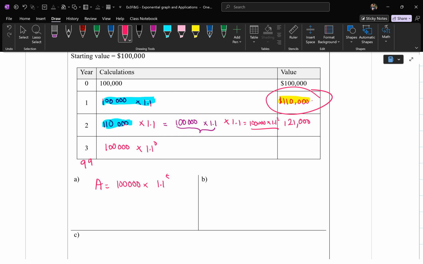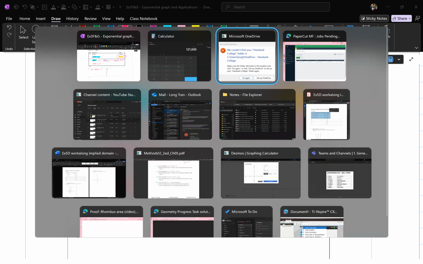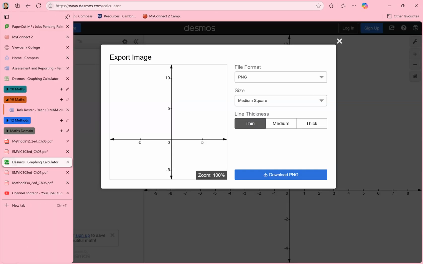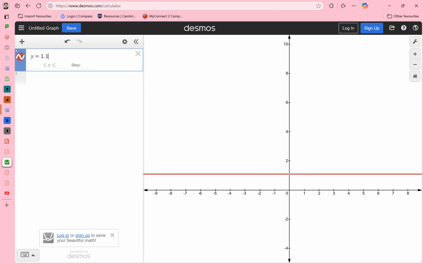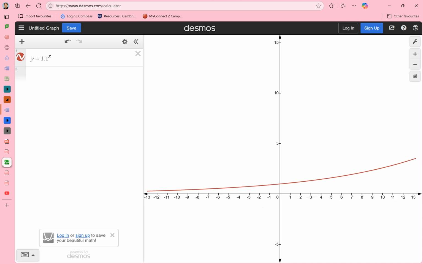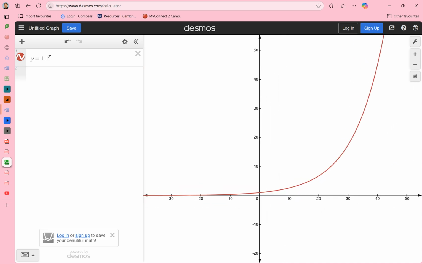Okay, so you can see now how I've changed a 10%er to use indices, and that repetition, that 1.1 to the power of t, is a graph. Remember, we said the base had to be greater than 1, and you get this exponential graph. So if you put it on Desmos, you can see, where is it again? Desmos, here we go. If I put y equals 1.1 to the power of x, that is an exponential graph.